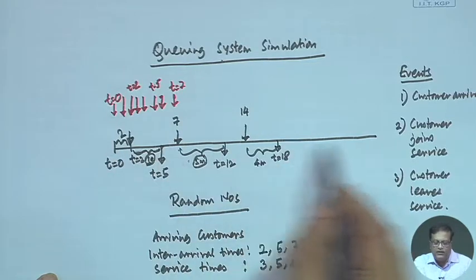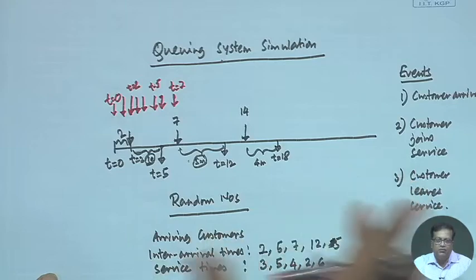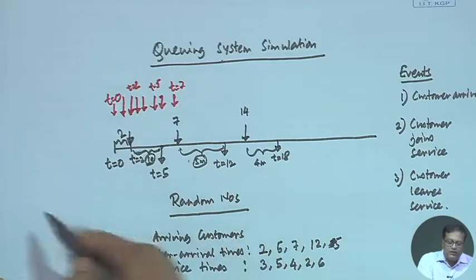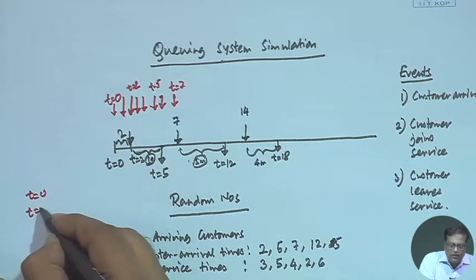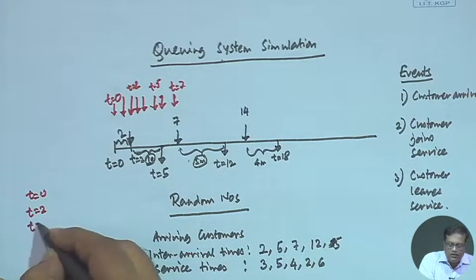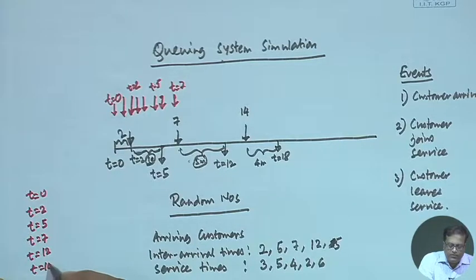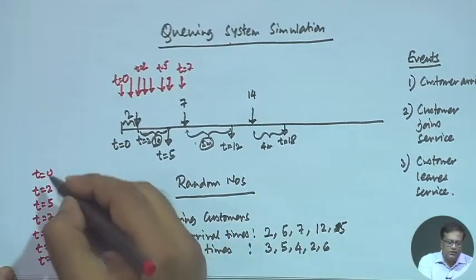So, we have already generated this plot in our mind or maybe somewhere, and we actually know that things are happening at t equal to 0, at t equal to 2, at t equal to 5, at t equal to 7, at t equal to 12, t equal to 14 and t equal to 18. So, things are happening only at these times.